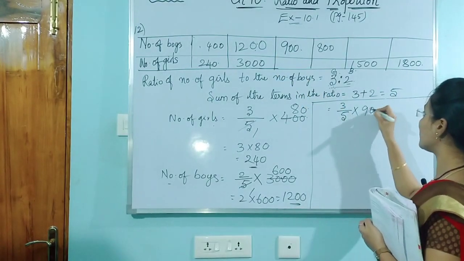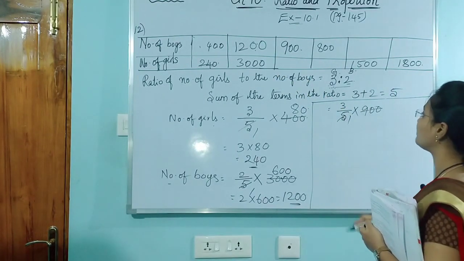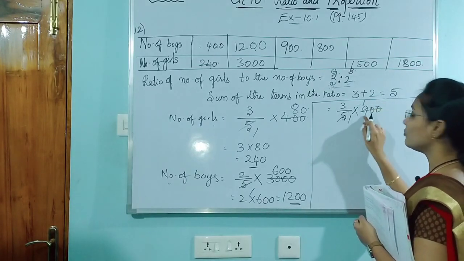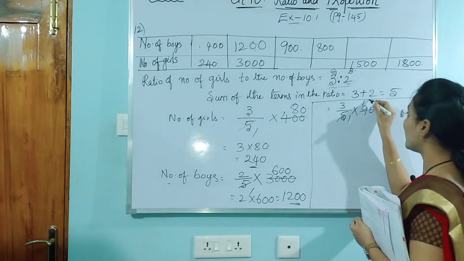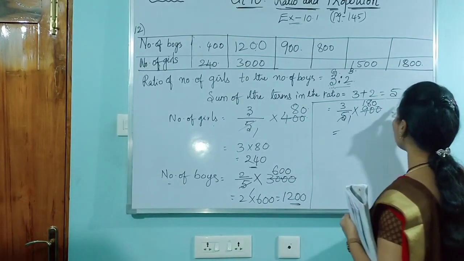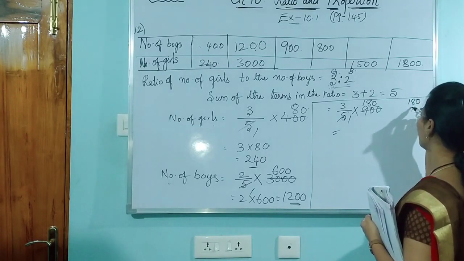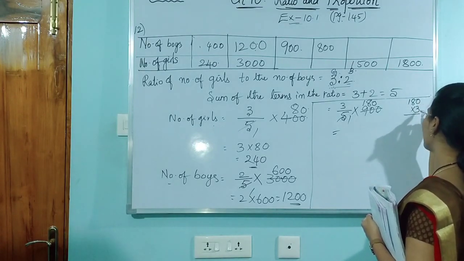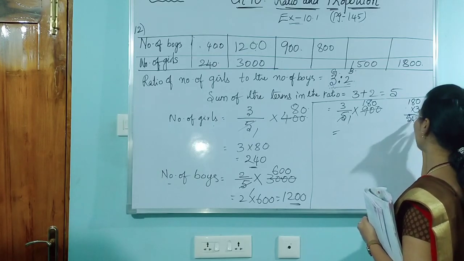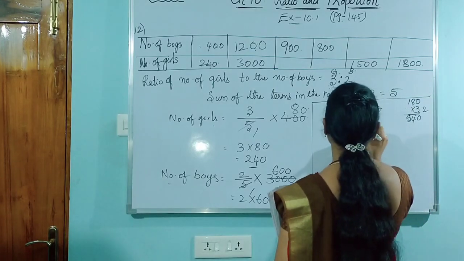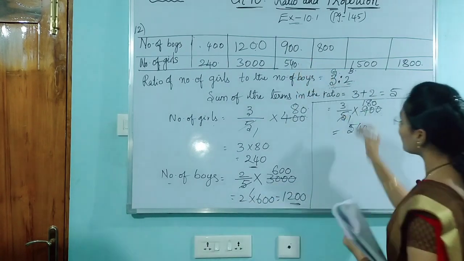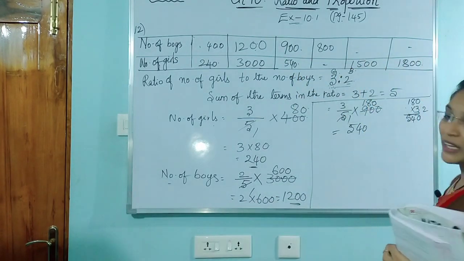Data is 900. 5 ones, 9 one time, 180. 3 180s are 540. So 540 is the number of girls. The same way you can find out the remaining ones, children.